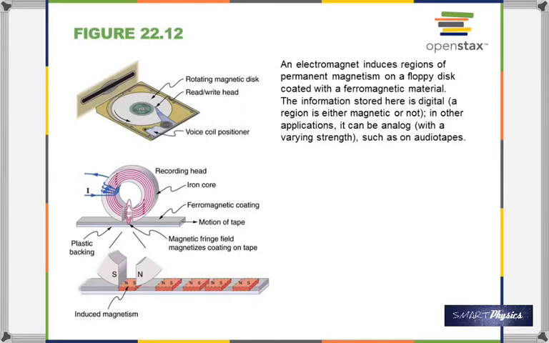But now I want to tell you how the information is recorded on the tapes or on the floppy. It's because on the floppy or the tape there is a magnetic material coated. And then there is a recording head that passes. You see this recording head? It's a magnet that passes touching that tape.